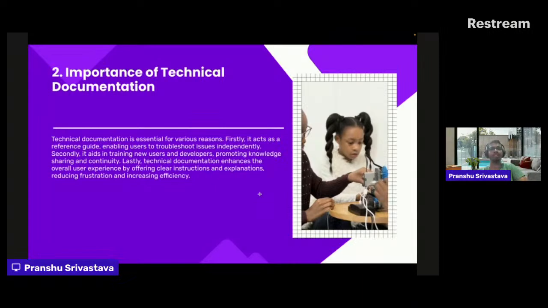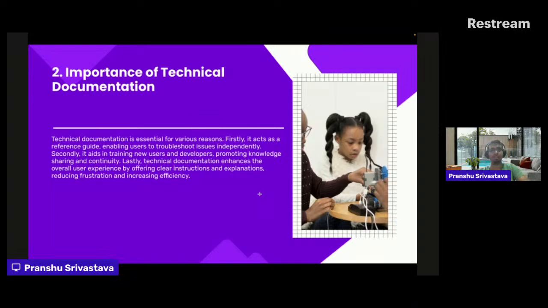So, as previously mentioned, the importance of technical documentation in open source projects is huge. And that is what separates a successful open source project from an unsuccessful one. Because a successful open source project has good documentation that a lot of people can understand and get started with easily, and hence they'll have more contributors, and that will help the project maintainers to ship and build their project quickly.